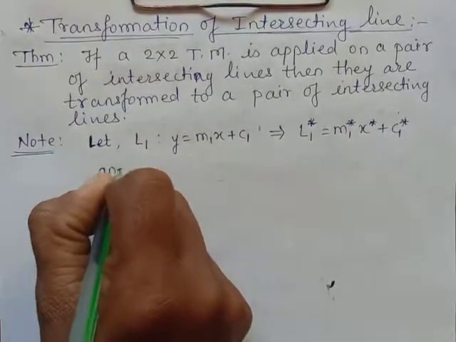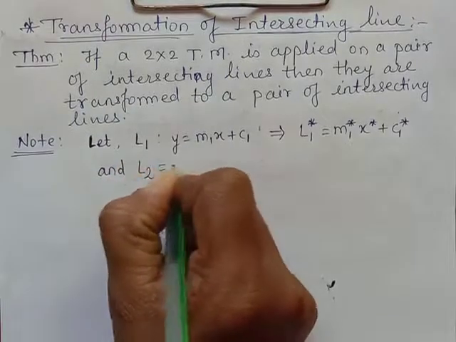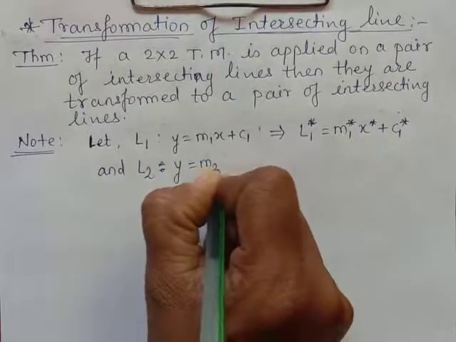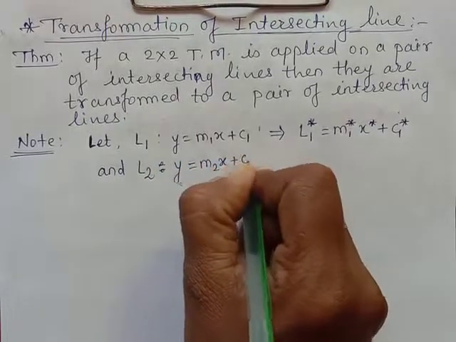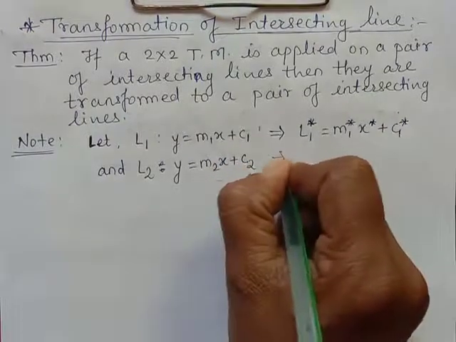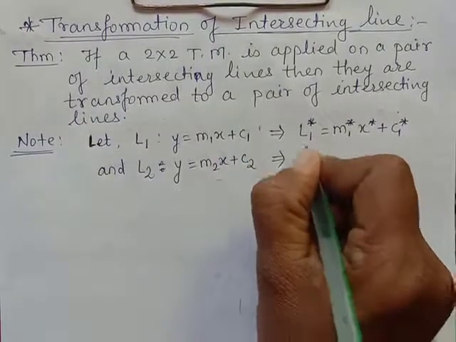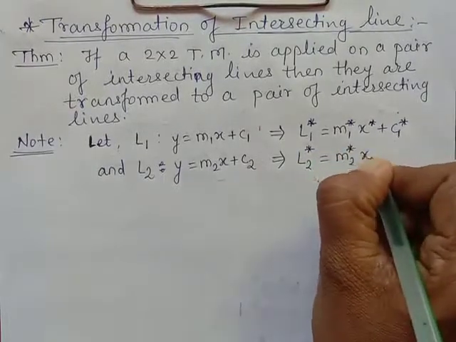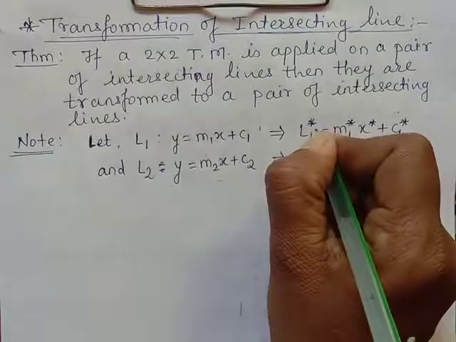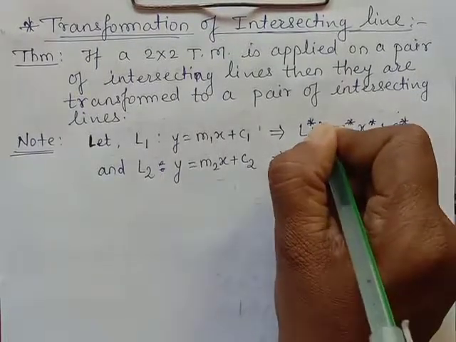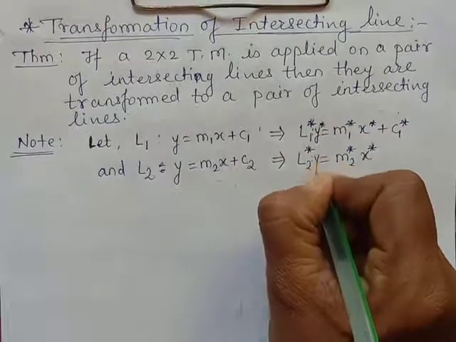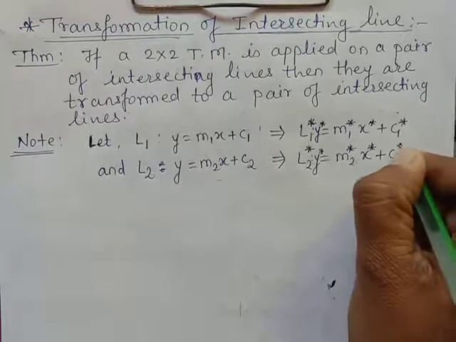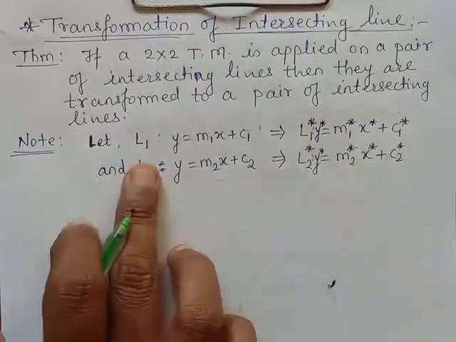And another line L2, suppose y equal to m2 x plus c2, that transforms to, suppose L2 star, that is y star equals m2 star x star plus c2 star as such. Suppose these are transformed to these ones.